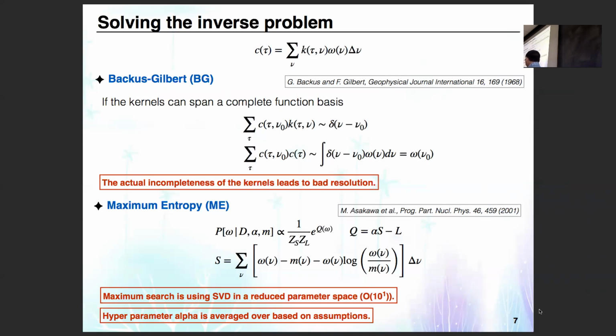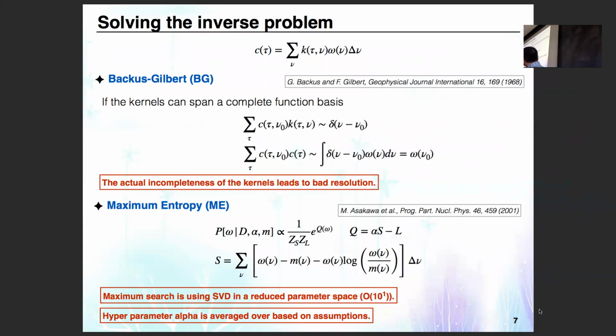But numerically, for this ME method, people use SVD. After using SVD, the maximum search is just in a reduced space, on the order of 10, which makes this possible.